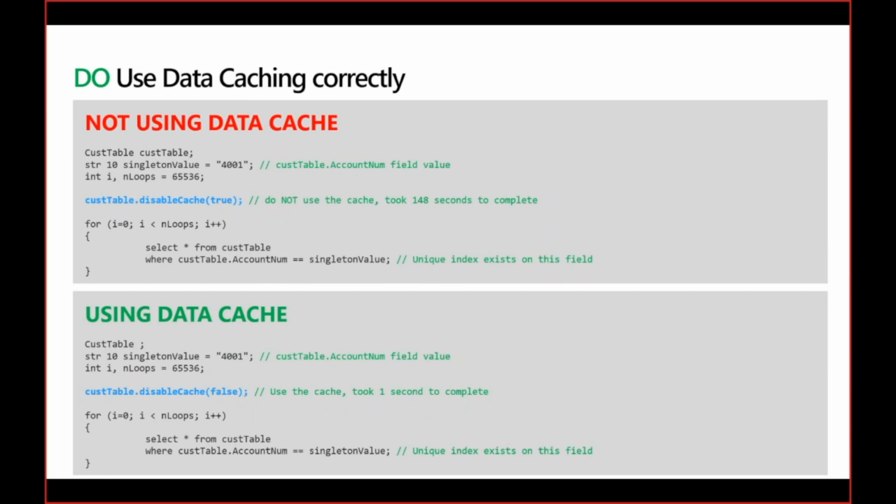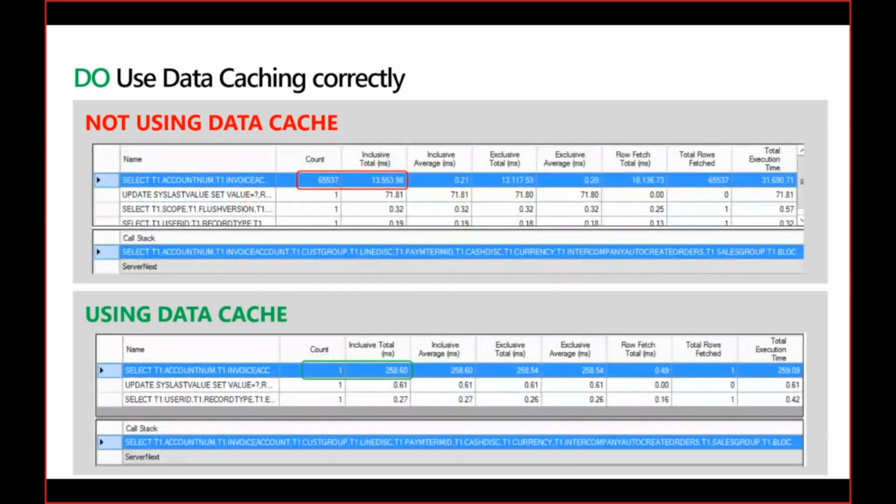Versus at the bottom, we make use of the caching, and we do exactly the same code as we did at the top. The difference is if you do the tracing, you can see that at the top we go 65,000 times to the database backend. So more than 65,000 round trips to the database.